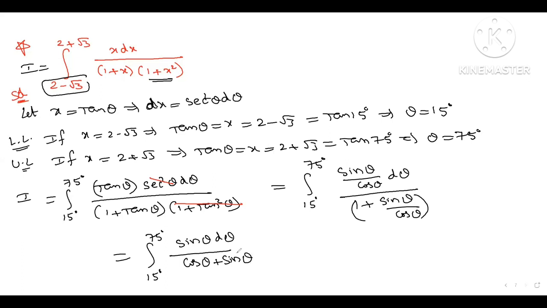So in this kind of problem we can multiply and divide by 2 here. 1 by 2 times integral 15 degrees to 75 degrees, 2 sine theta d theta by sine theta plus cos theta.